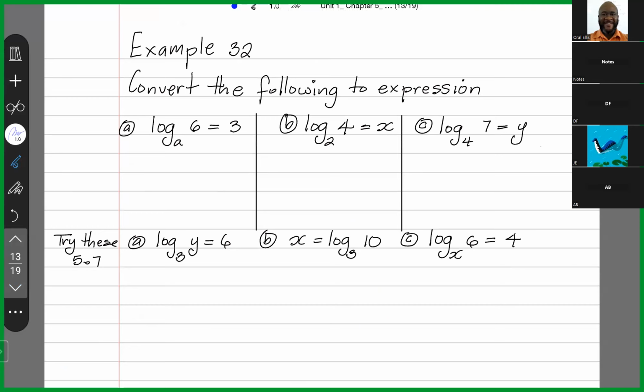Now, for example 32, we have to do the reverse. We have to go from log form to index form. Moving from log form to index form, the number 6 is equal to the base a raised to the power 3. Please attempt the rest.